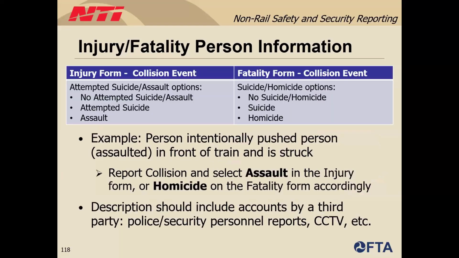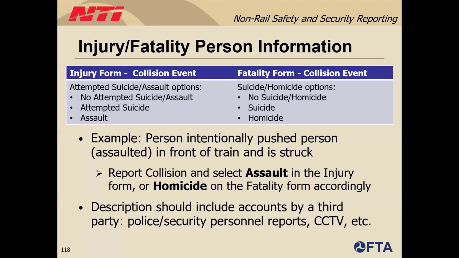For collisions, the injury and fatality forms, the attempted suicide and respective suicide checkboxes have been modified into 3 radio button options pertaining to attempted suicide or suicide, assault and homicide, and for no attempt of assault or homicide accordingly. Note the injury and fatality forms for non-collision events remain as is.